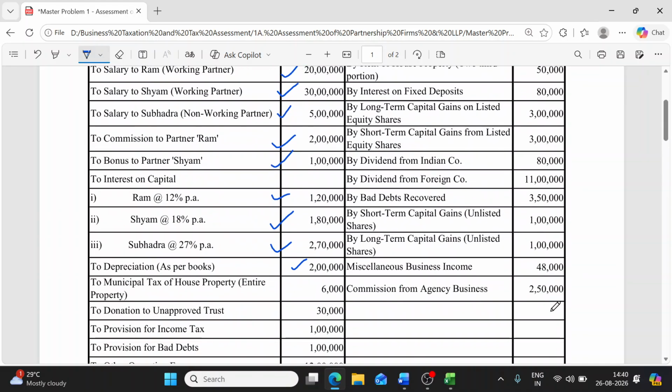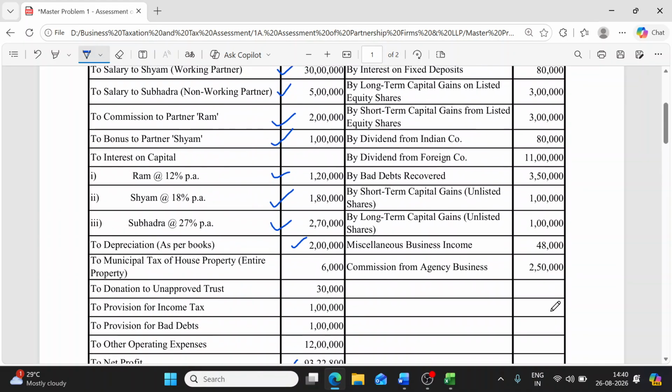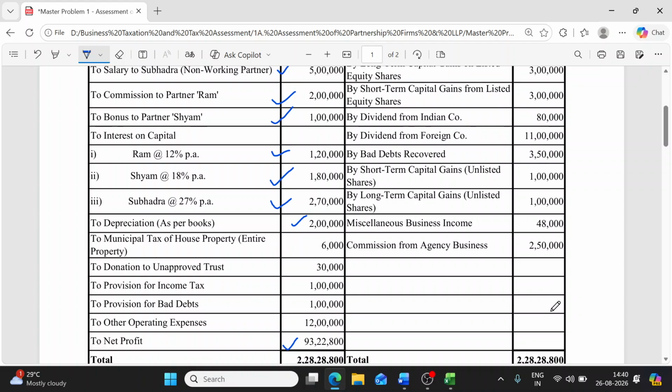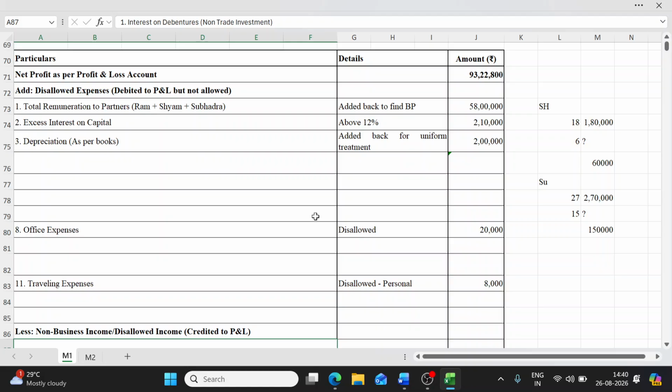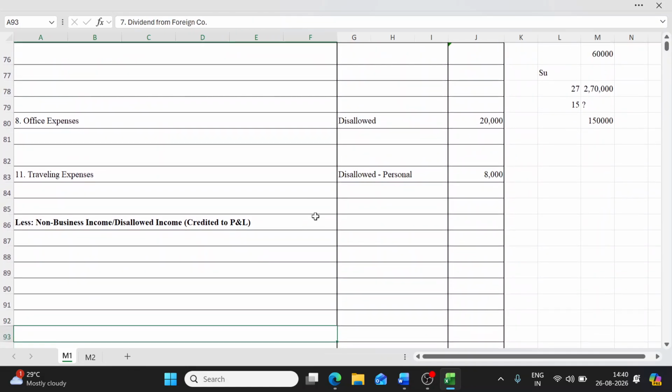Whatever deduction is claimed in the profit and loss account, here in the problem it is claimed up to rupees 2 lakhs, so add it back again in the net profit, and at the same time we know the deduction that can be claimed for depreciation is rupees 1,90,000.